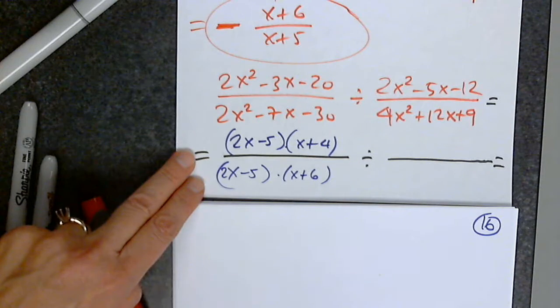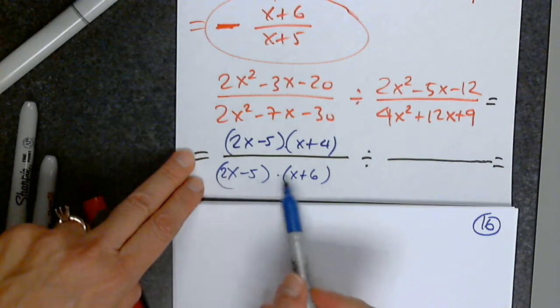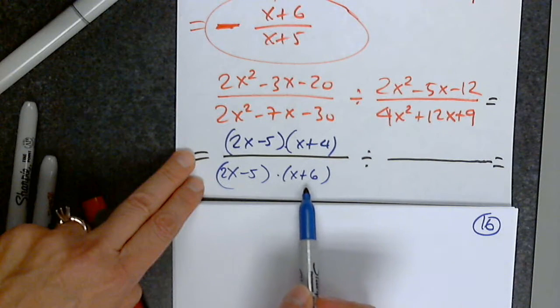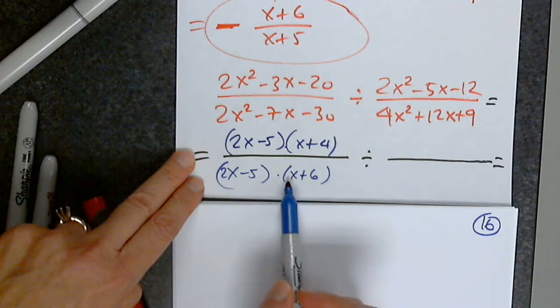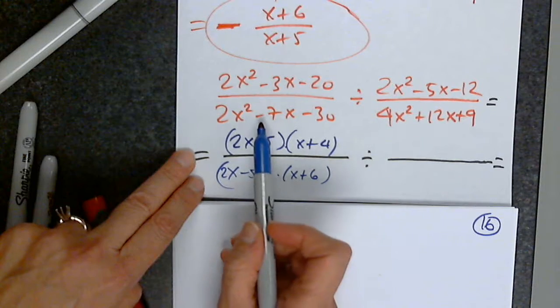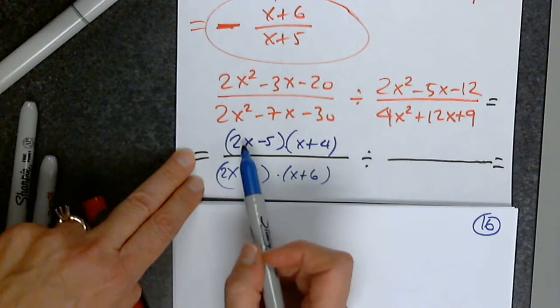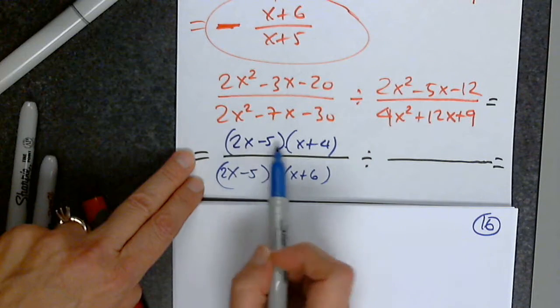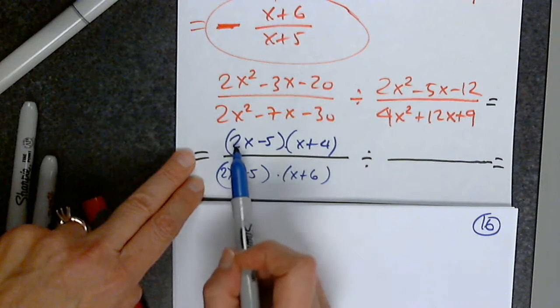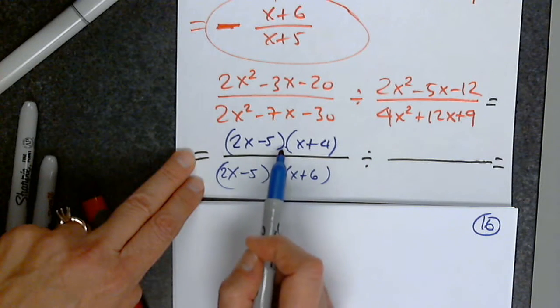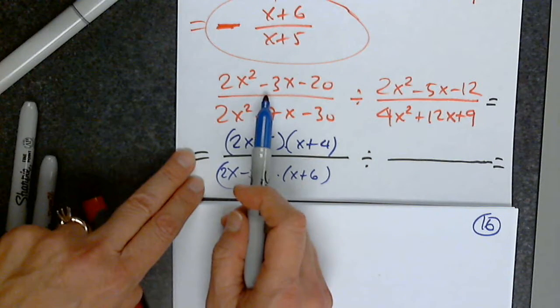Yes? We can check. 2x squared, positive 12 and minus 5x is not negative 7x. Careful. So let's check the first one, 2x squared, 8 minus, okay, so positive 8 and minus 5 is not negative 3x.